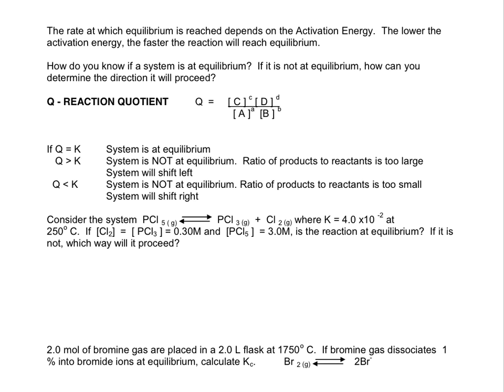It's exactly like K, except you can stop the reaction at any point and plug in your concentrations. So these concentrations could be the initial concentrations, they could be halfway through the reaction, they could be at the end of the reaction. It doesn't matter. So you can stop the reaction at any time, stop the reaction at some point and measure the concentrations of your products and your reactants, and you plug them in.